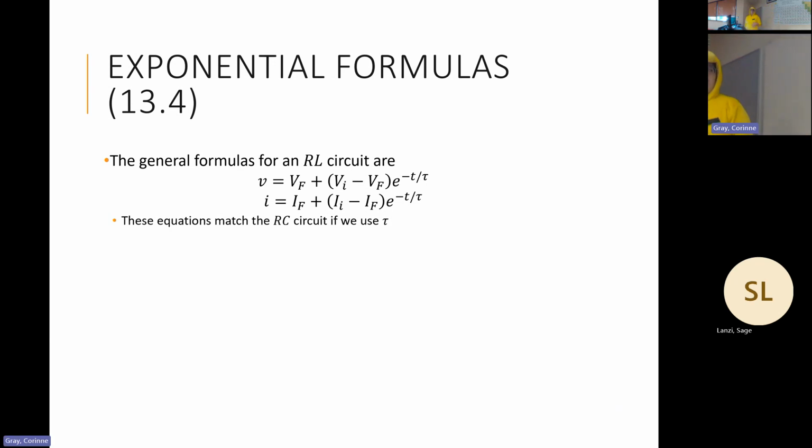For the RC circuit, we almost exclusively are going to be dealing with the voltage part because we're looking at building up charge or taking away charge on our capacitor, which is related to the voltage. For the inductor, more often we are concerned with the current portion of it. So typically which one we focus on is going to be a little bit different.